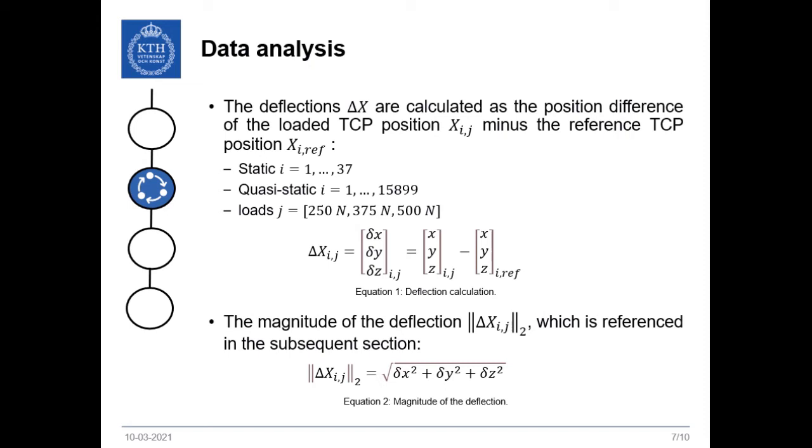Data analysis. The deflections delta x are calculated as the position differences of the loaded TCP position, which we can refer to as xij, compared to the reference TCP position, which is referred to as xiref, at a load of 125 Newton. All deflections are calculated relative to a reference load of 125 Newton to remove the influence of the play in the setup, the kinematics of the manipulator, as well as backlash in the manipulator.